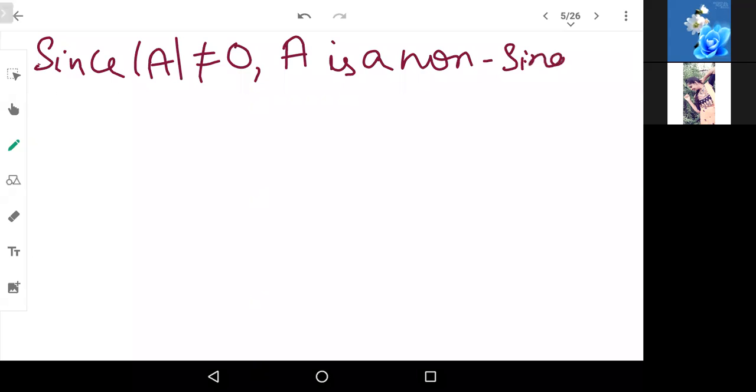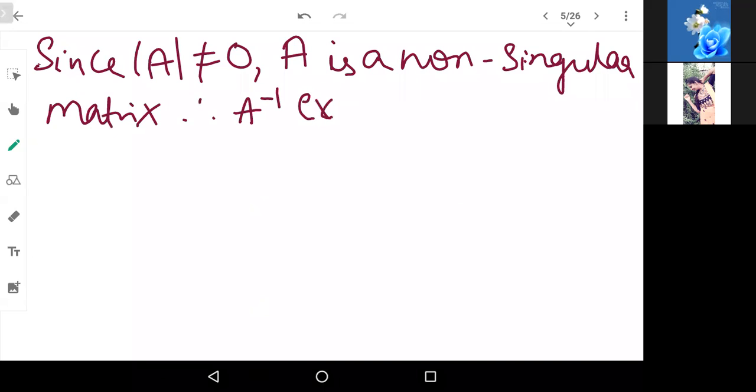When it is equal to 0, it is called a singular matrix. When it is not equal to 0, it is called a non-singular matrix. In every problem, it is compulsory to write this. Therefore, A inverse exists.